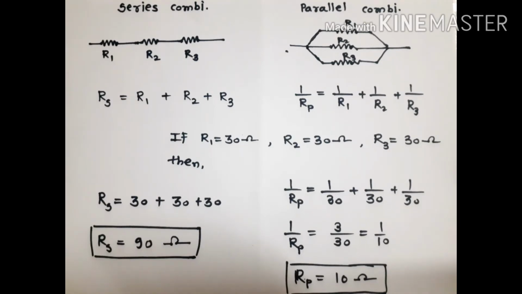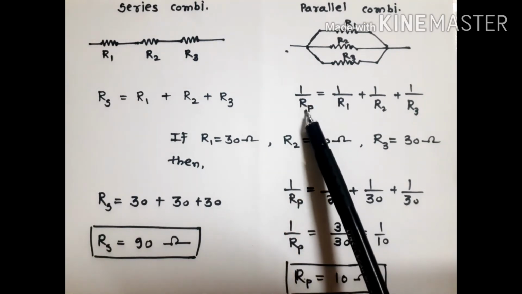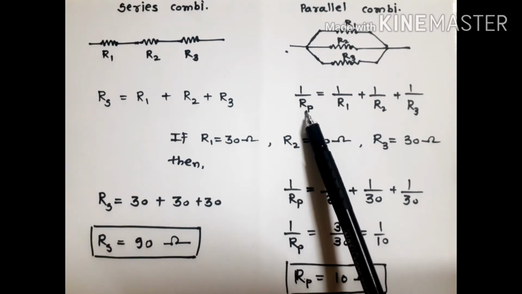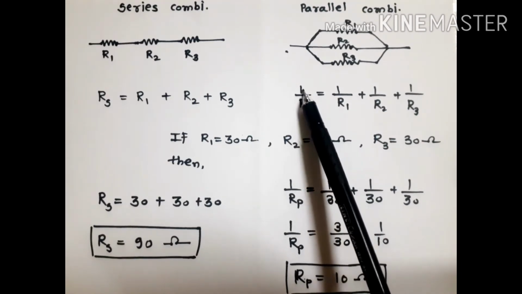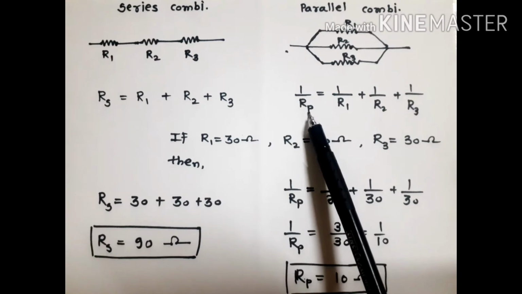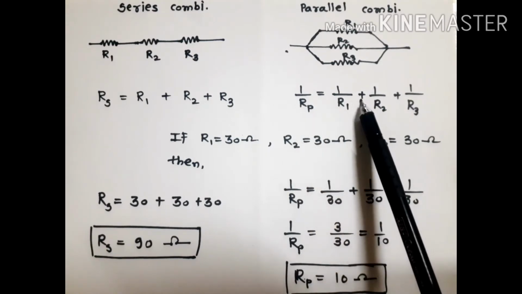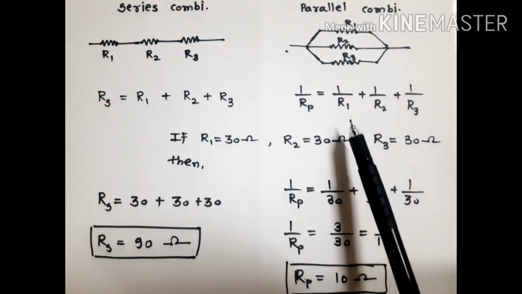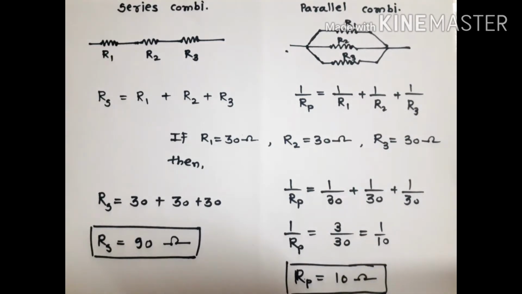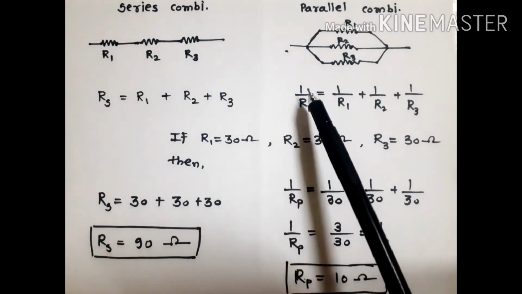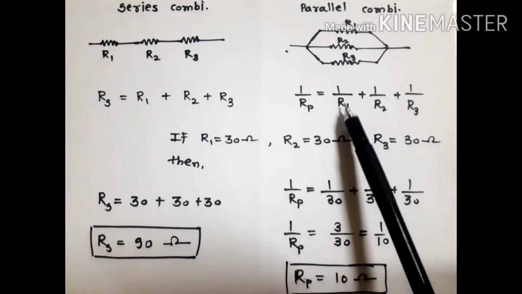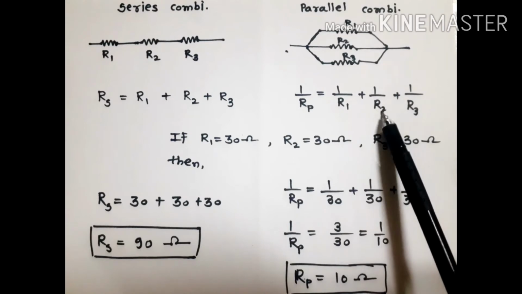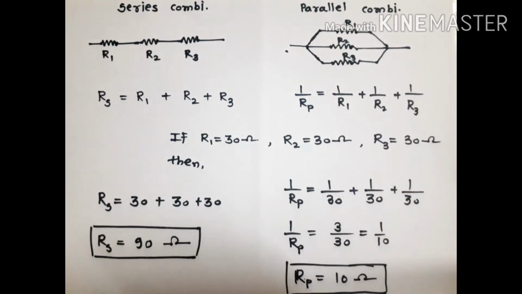In this combination, the reciprocal of the equivalent resistance is equal to the sum of the reciprocals of the resistances of the resistors connected in parallel. Means 1 upon Rp is equal to 1 upon R1 plus 1 upon R2 plus 1 upon R3.